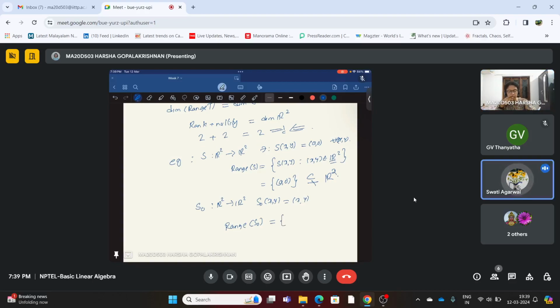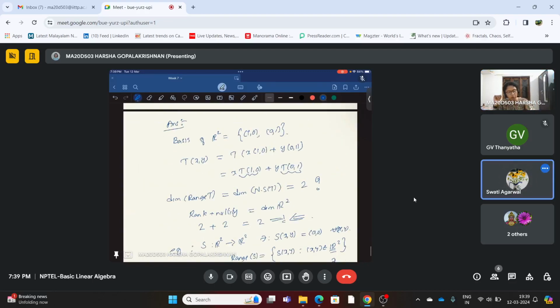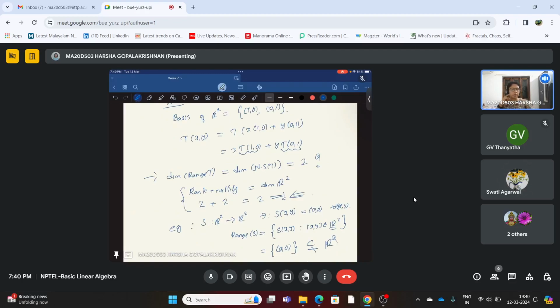The complete R2. So what I am saying is, the range is always a subspace, and it can be any subspace of R2. Coming back to what we were talking about, this is not possible: dimension of range of T and dimension of null space of T equal to 2. Is that clear? Because it contradicts the rank nullity theorem.